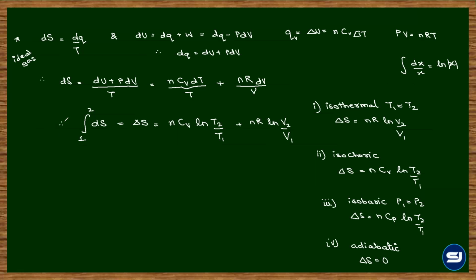In terms of pressure I can take the relation as given: n Cp ln T2 by T1 plus nR ln P1 by P2. Is that okay? Now if you look at the statement again, the standard molar entropy is the entropy of 1 mole of an ideal gas at 1 bar pressure.